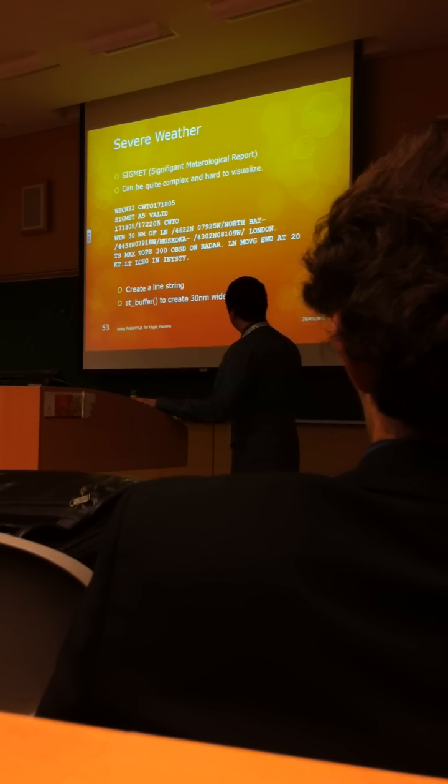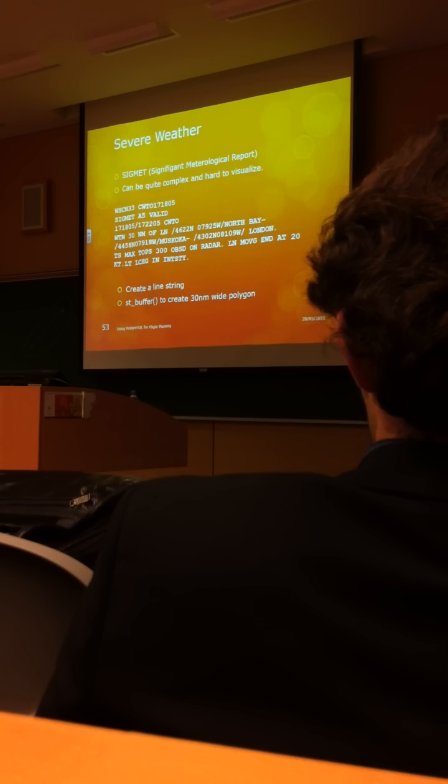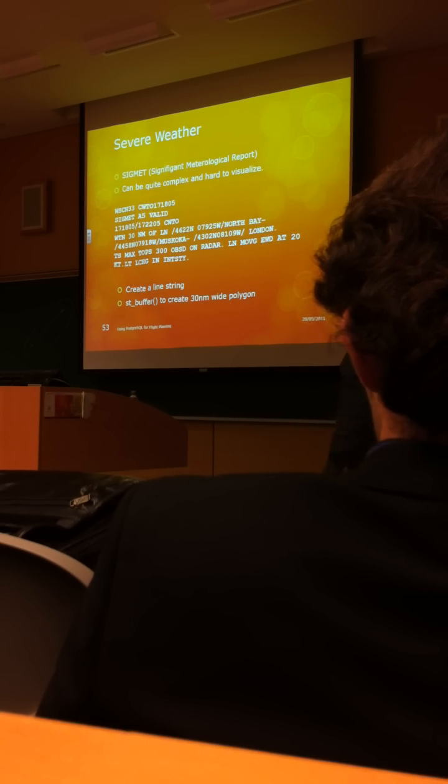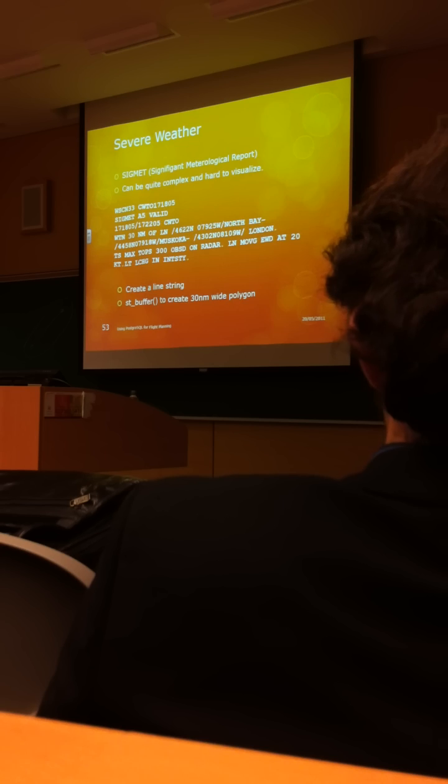So if I was to read this, again, I'll take out my map, figure out where this point is on my map, figure out where this point is, and then just create a 30 nautical mile buffer around that line. So in PostgreSQL, we create the line string, so I use Perl to grab the points in my line, here and here, and then I use the ST_Buffer function to make sure it's 30 miles around that particular line.